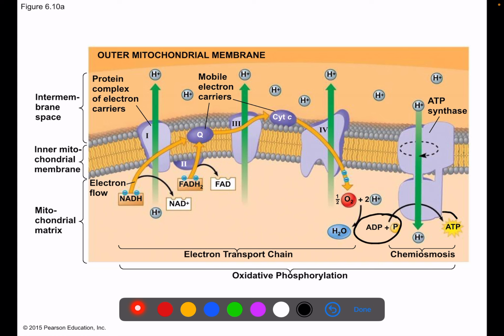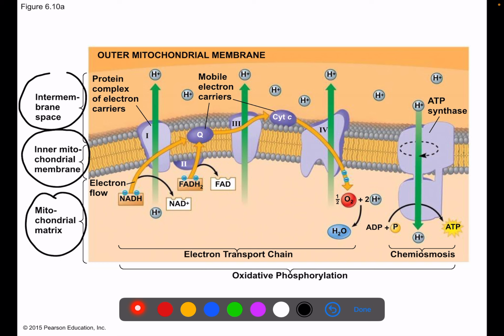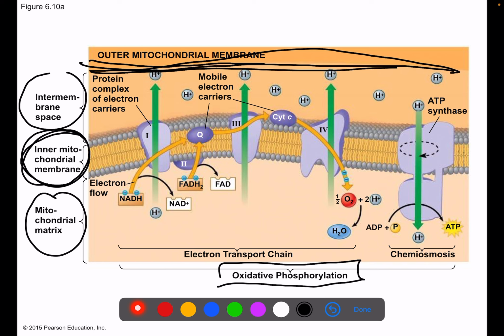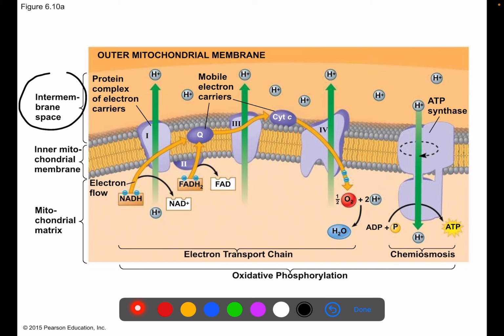Here's ADP becoming ATP, as long as you've got hydrogens going through. Here's your labeling. And then here's the step, oxidative phosphorylation. Here's where it's happening, right? Inner mitochondrial membrane. Here's your outer membrane over at the top.